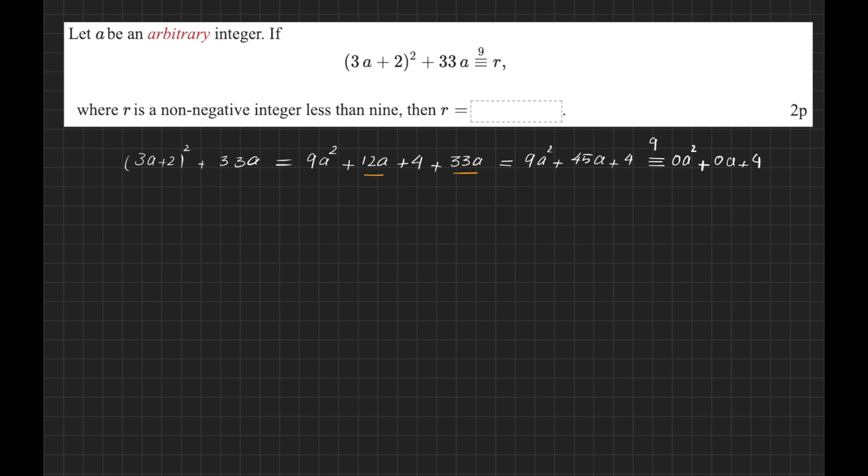Of course, 0 times a² is 0. This is also 0, so 4 is left. And then I get 4 modulo 9. And 4 is acceptable because they have asked you to find r so that r is non-negative and less than 9. So this is non-negative and less than 9. So simply you type 4 in this box.